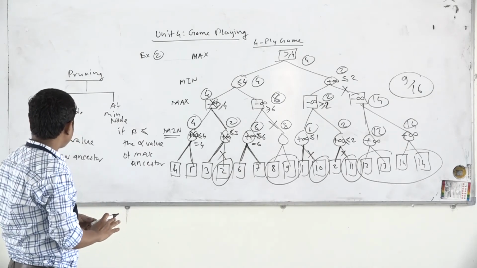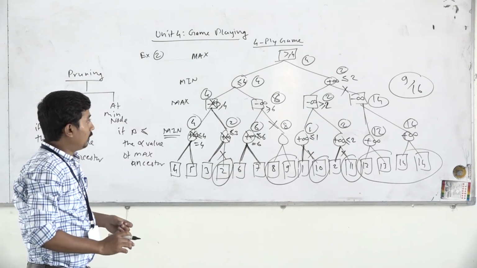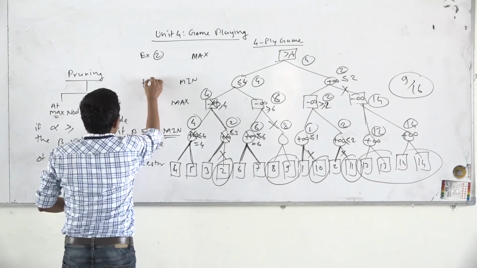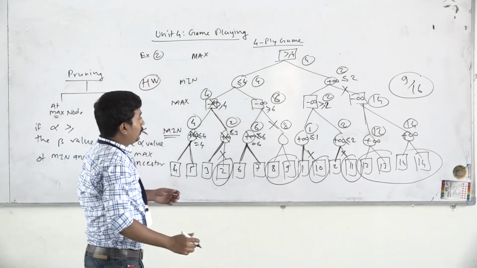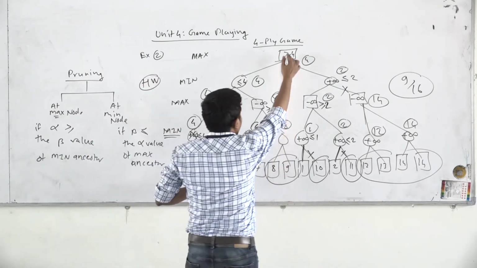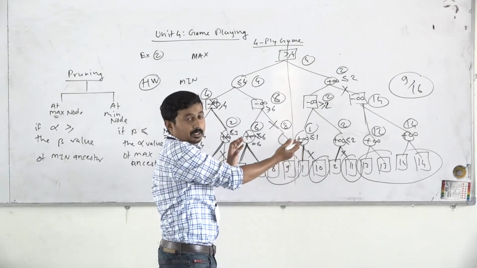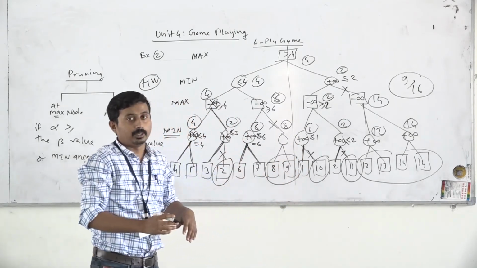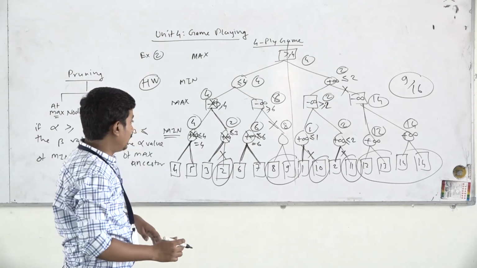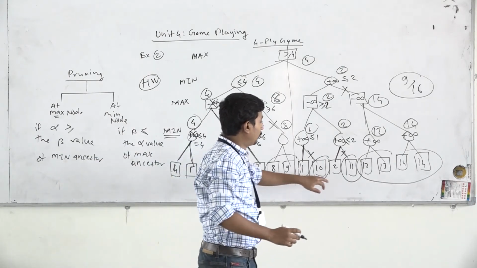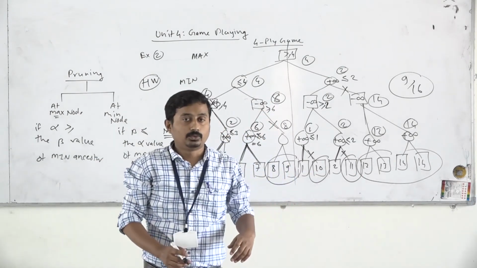So now the homework problem is: rotate this tree along this axis. Take a mirror image of this and apply alpha beta pruning, and check whether the same nodes are getting pruned or not. So you try that problem.